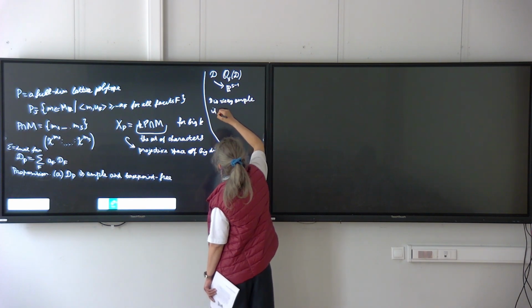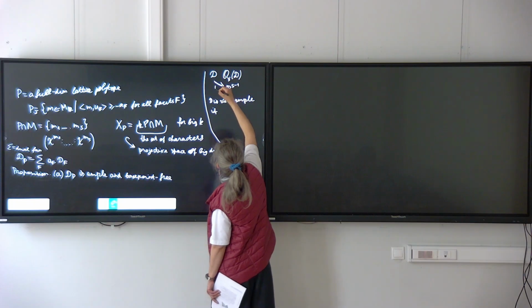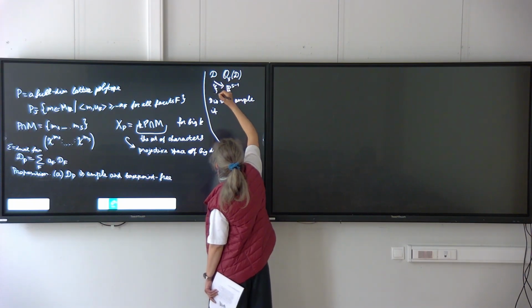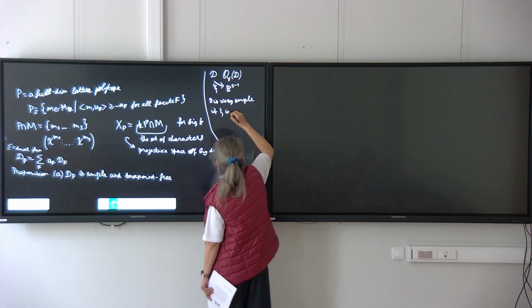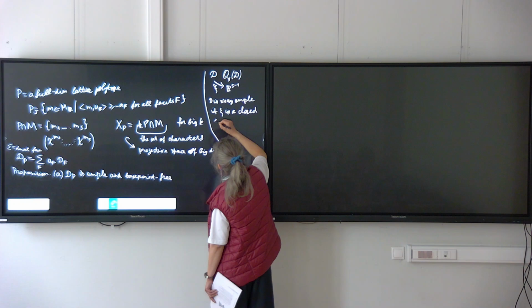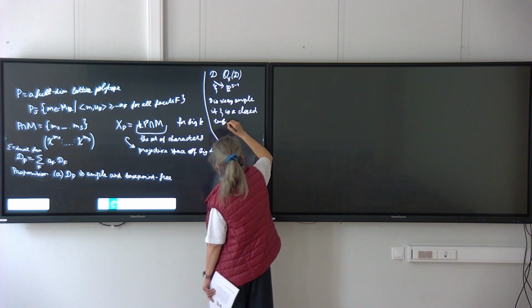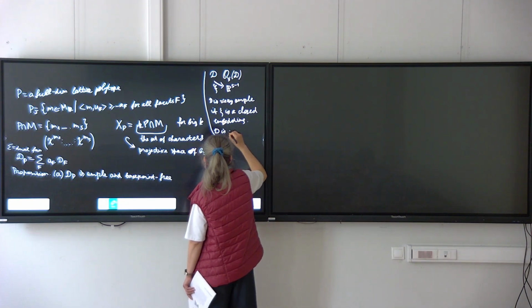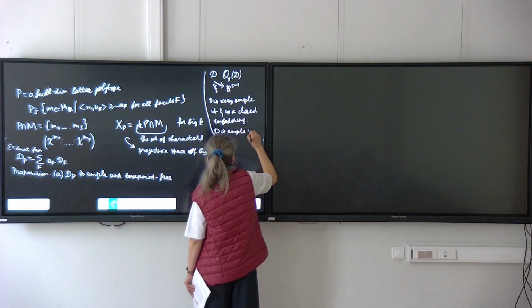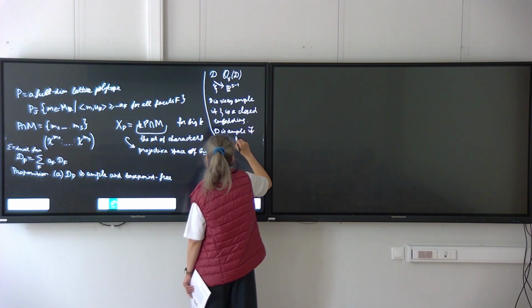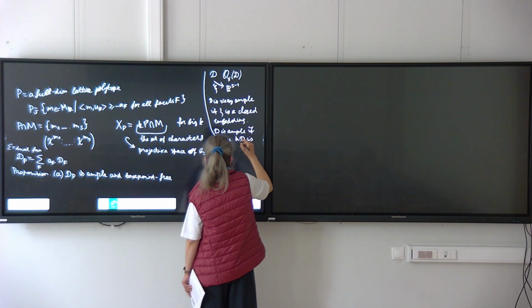If this map Xi is a closed embedding, and we say that D is ample if some KD is very ample.